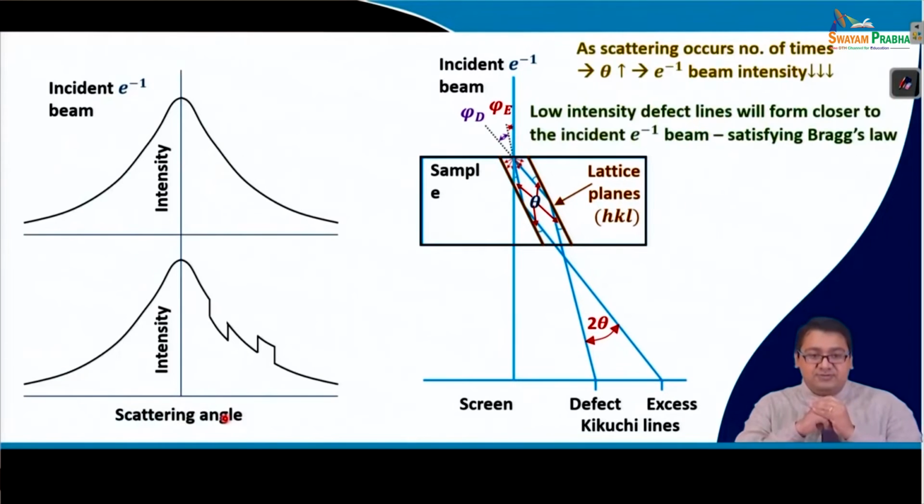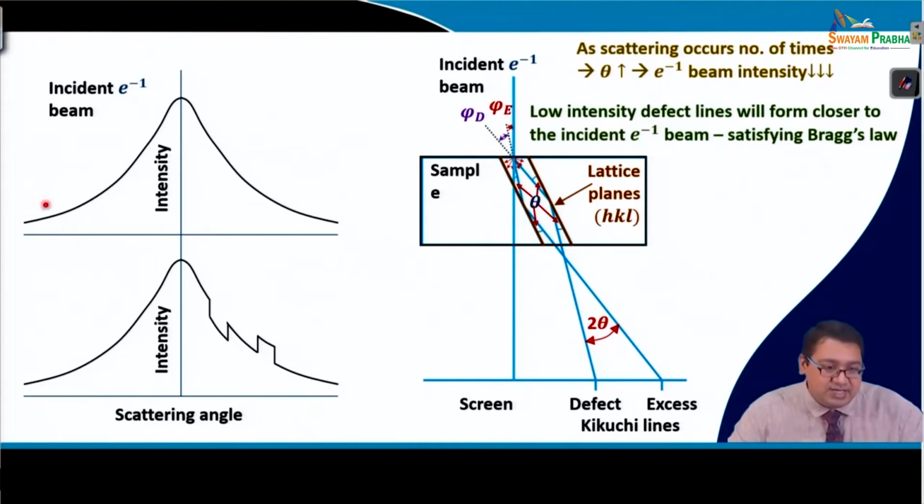And therefore, if I explain in a little more detail, as I said, the electron beam which is diffracted and coming inside forms a low intensity line, which is the defect line, and the beam which has a high intensity, diffracted outside, forms a high intensity excess line. Both basically satisfy Bragg's law.